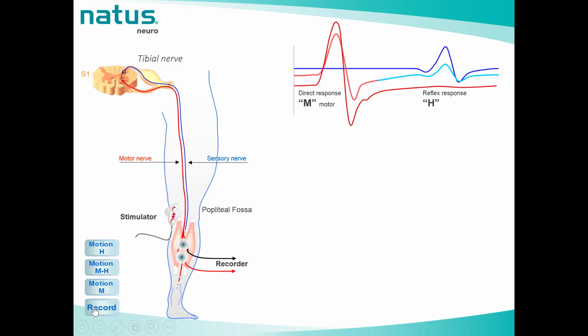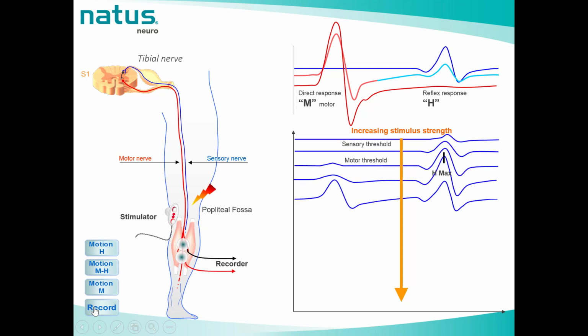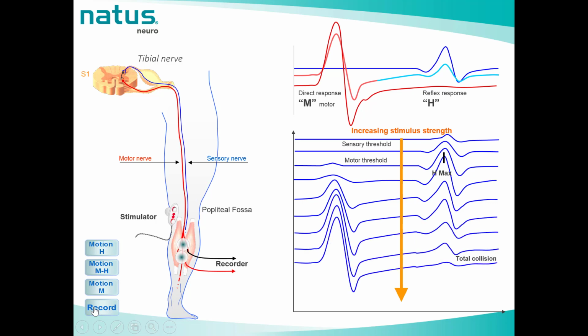So when we record our H test, we need to start at very low intensity and increase time after time. When we reach the sensory threshold, we start seeing an H response, which increases until we reach the motor threshold. Then we have a small motor response, and the H response amplitude will start to decrease.